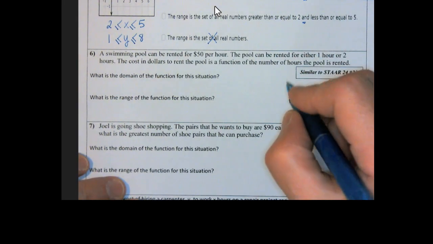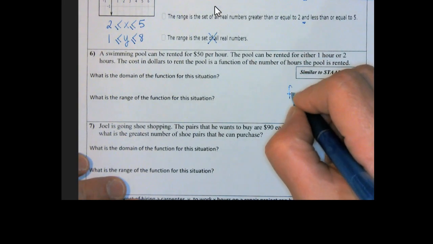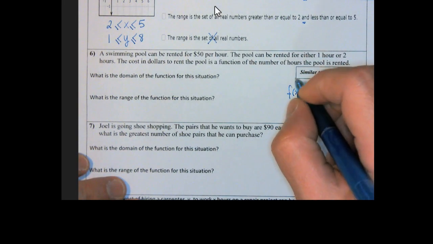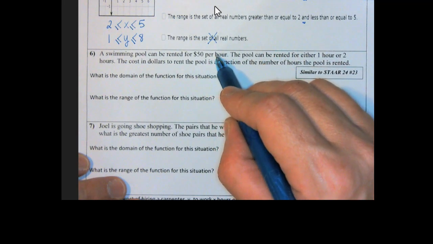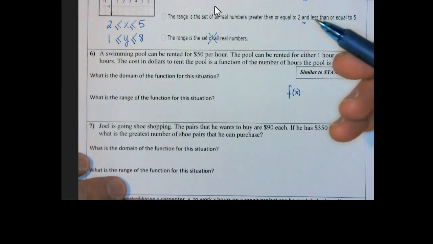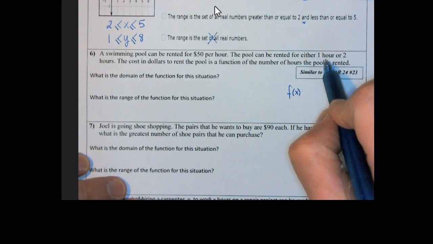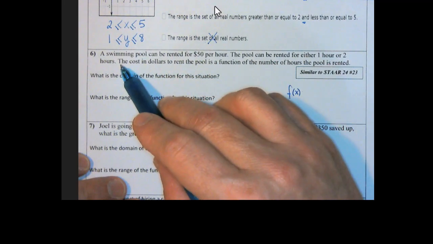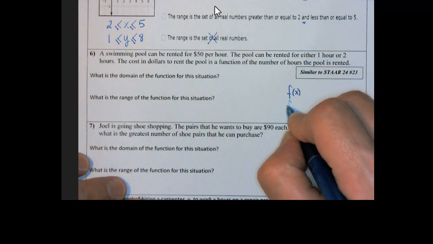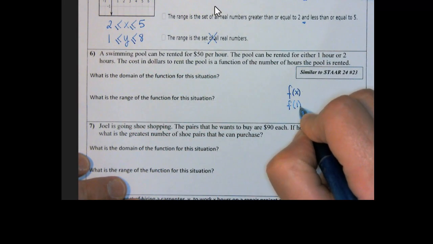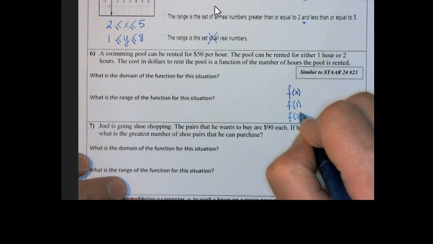So basically there's a function of x that equals $50 per hour. The pool can be rented for either 1 hour or 2 hours. In other words, I could have f of 1 or f of 2.